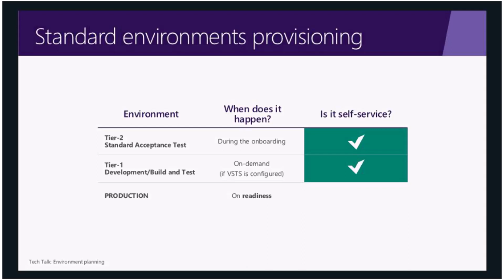The tier 2 environment, the standard acceptance test, we usually have this environment deployed during the onboarding meeting you have with the FastTrack team so that you understand what the different steps are to do the deployment, and you can then replicate that for the next environments you may need. Ultimately, it's also a self-service task. Production is more specific, and we're going to cover that in the next slides.